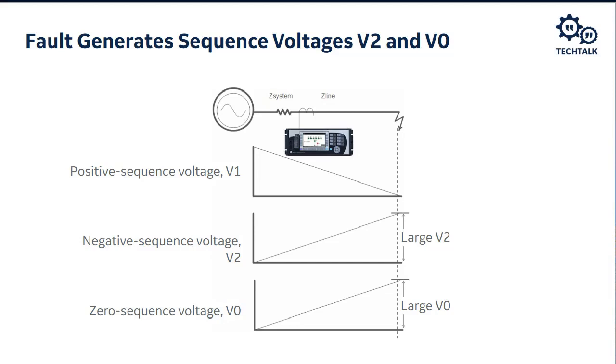And then our negative sequence quantities are going to be the largest at the fault location. Our zero sequence quantities are going to be the largest at the fault location.